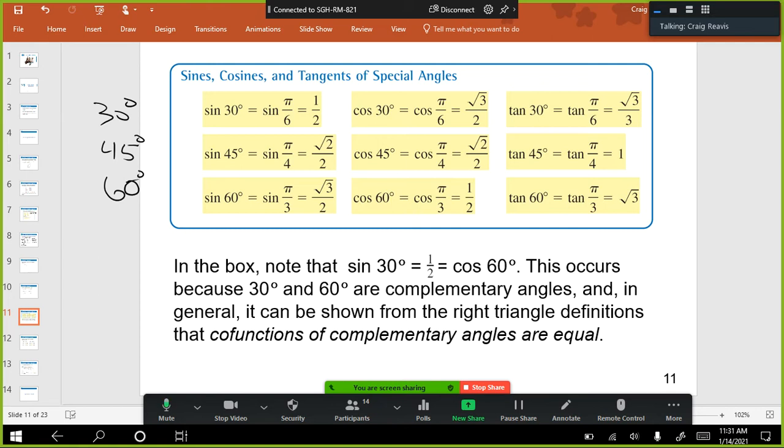So the denominator for all these cosines and sines is 2. For the 30, 45, 60, it goes 1, 2, 3 on the top, the square root of 1, square root of 2, square root of 3 for sine. For cosine, it works backwards: square root of 3, square root of 2, square root of 1. And then the tangent is a little bit different in that it has square root of 3 over 3, 1, and then square root of 3.